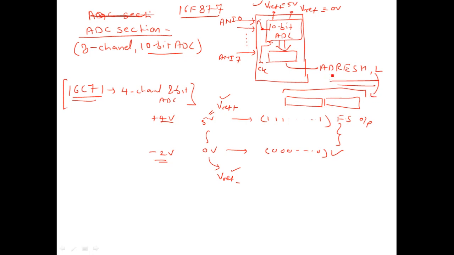There are two SFRs, the AD result register higher and the AD result register lower. So a total of 16 bits can be stored, but your actual ADC result is 10 bits only. So it can be stored in this 16-bit container in 2 different ways, either right justified format or left justified format, and that is decided by this ADFM bit.